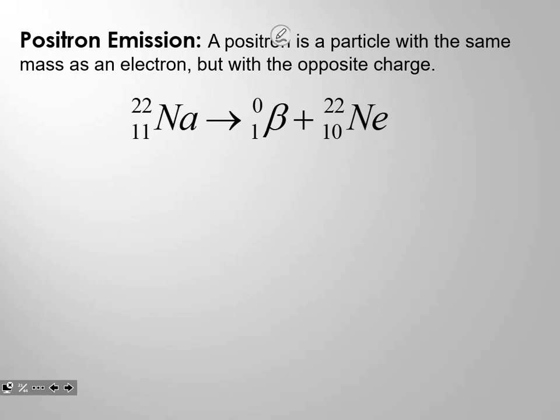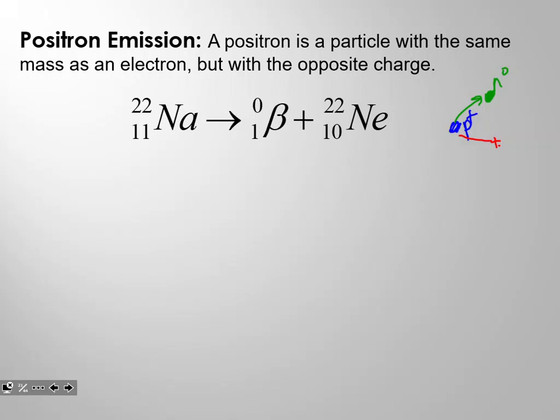Instead of the neutron changing into a proton and electron, now you're starting with the proton, and it is going to break off and form a neutron. But in that process it also forms a tiny positive particle that flies off the nucleus and is emitted from the nucleus. So the proton changes over into a neutron and a positron.